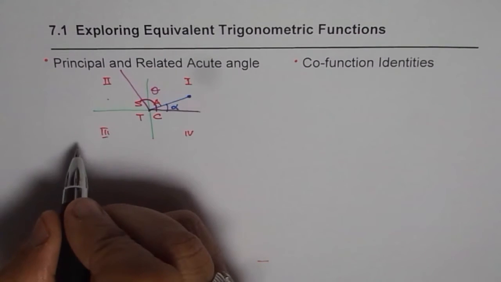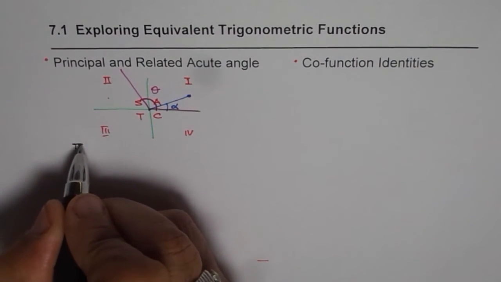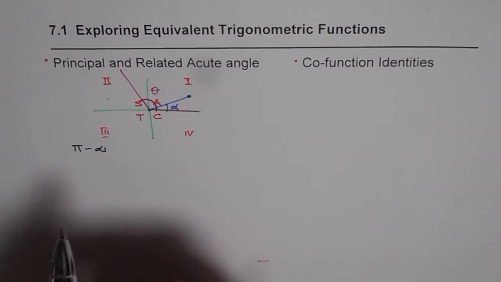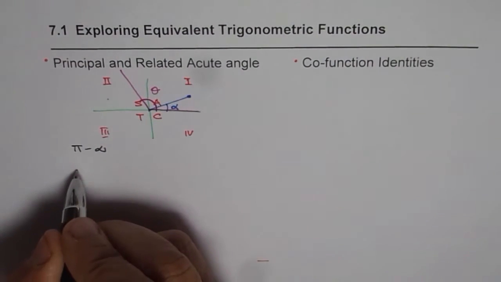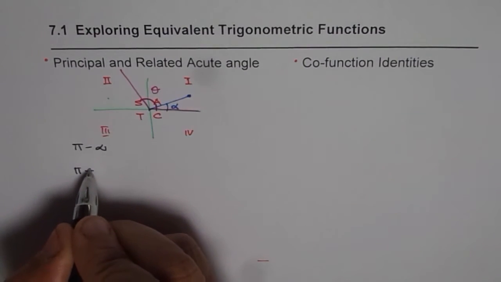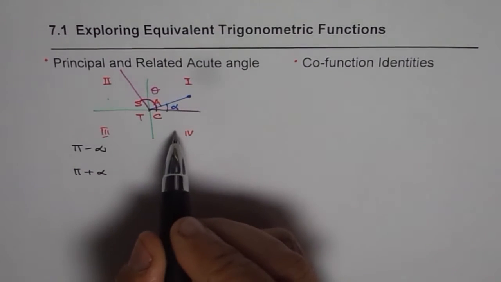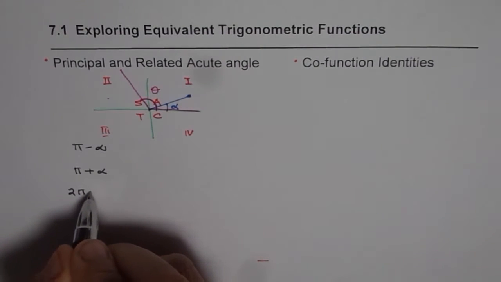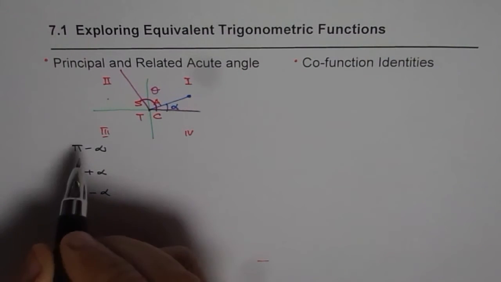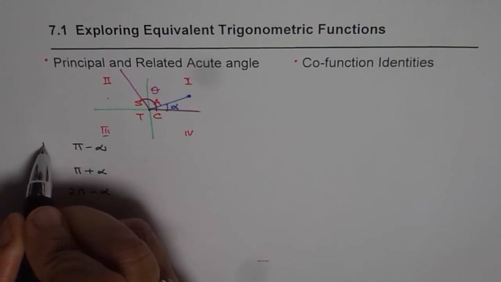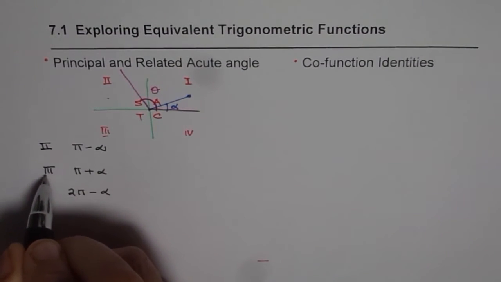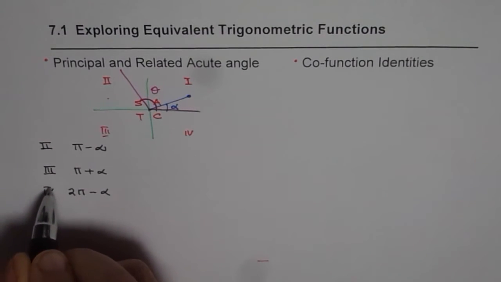If you're in quadrant 2, we could write this principal angle as pi minus alpha, right? You could write this in quadrant 3 as pi plus alpha, and in quadrant 4, you can write this as 2 pi minus alpha, depending on which quadrant the terminal arm is in. So this is quadrant 2, this is quadrant 3, this is quadrant 4 for you.